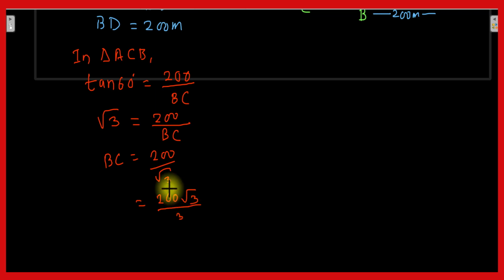So BC is 200 root 3 upon 3 meter, and BD is 200 meter. If you put the value of root 3 here as 1.73, then you will get that product, and divide by 3, you will get it as 115.33 meter.